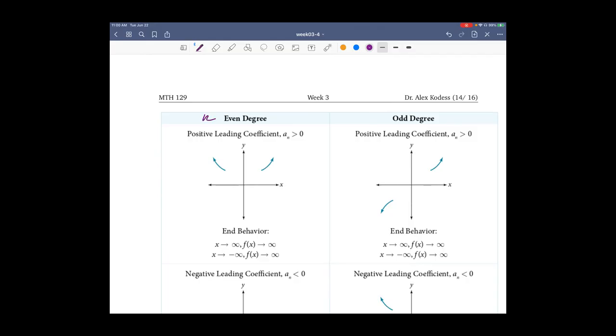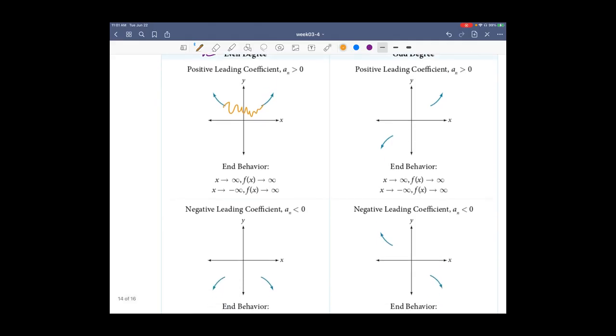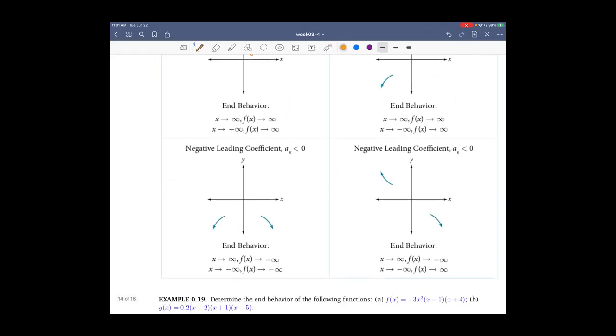Whenever the degree of the polynomial is even and the leading coefficient is positive, we have at both infinities positive infinity with something going on in between, and the vertical reflection of this when the leading coefficient is negative.